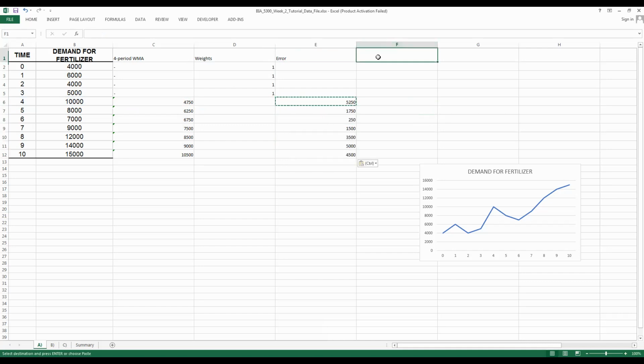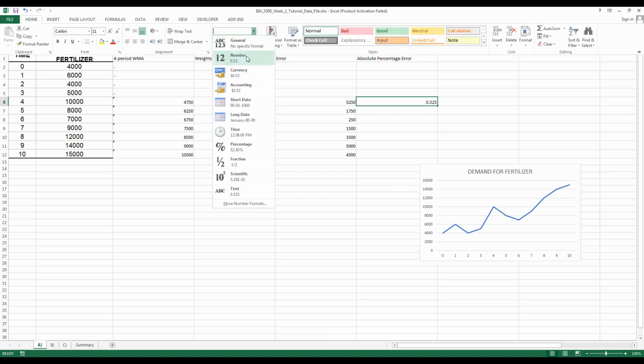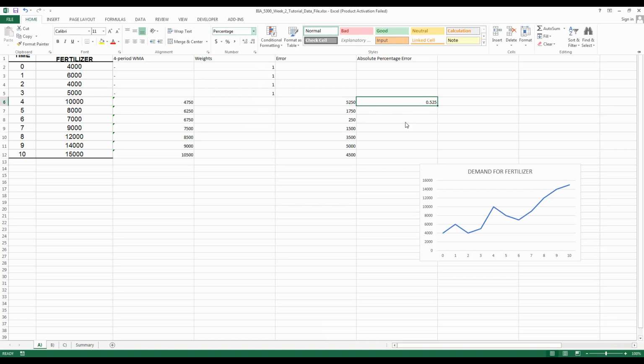And then I can do my absolute percentage error, which is going to be my error divided by my actual, but ABS of that. Make that percentage format.